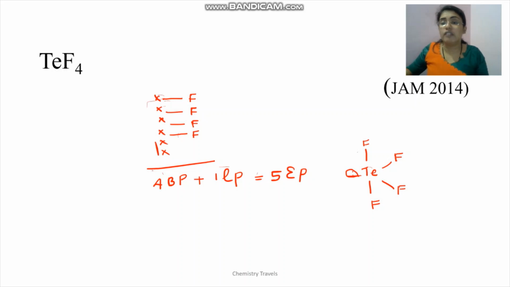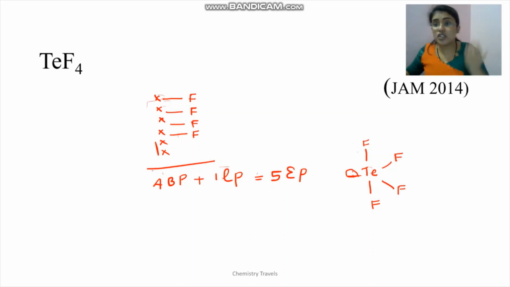Now if I look, to find the geometry I am totally considering the 5 electron pairs, so my geometry would be trigonal bipyramidal. But coming to the shape, I have to ignore the lone pair. Ignoring the lone pair and considering just the bond pairs, the shape looks like a seesaw.